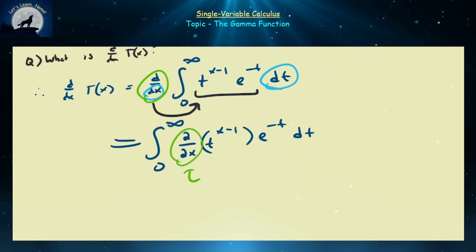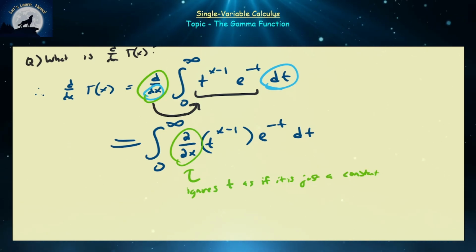This is actually a different type of derivative known as a partial derivative, and what it does, in some hand-wavy sense, is it ignores t as if it is just a constant. We'll spend a lot of time on partial derivatives later.